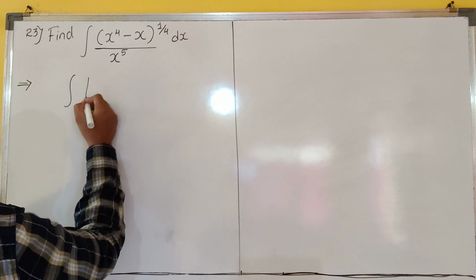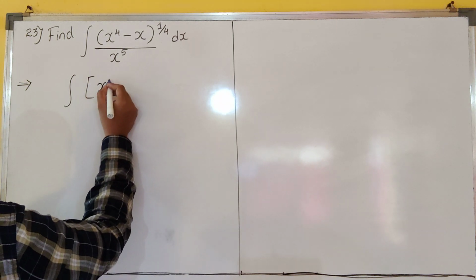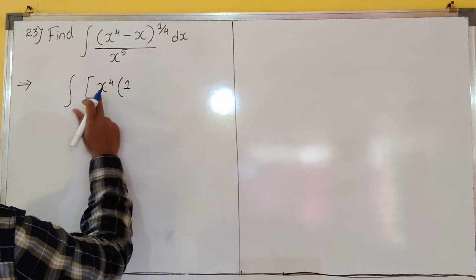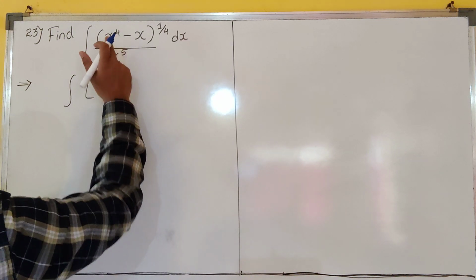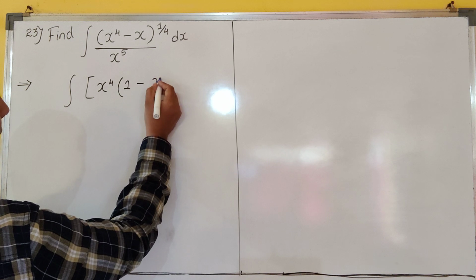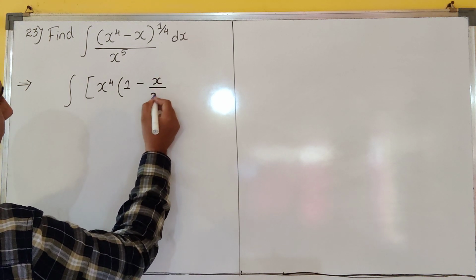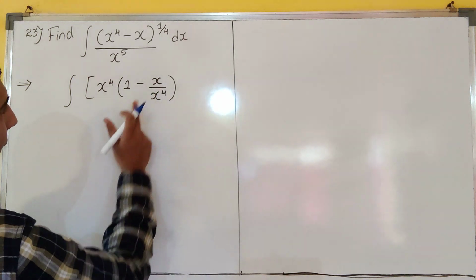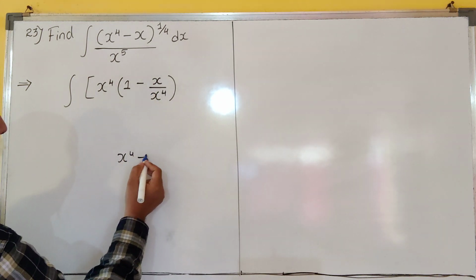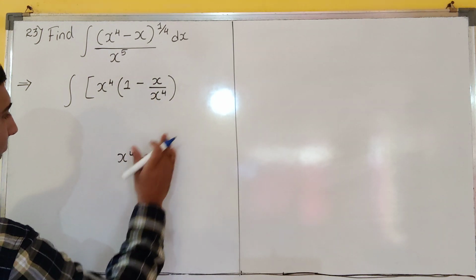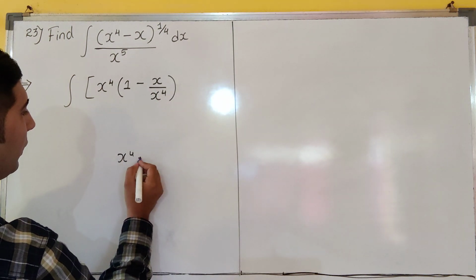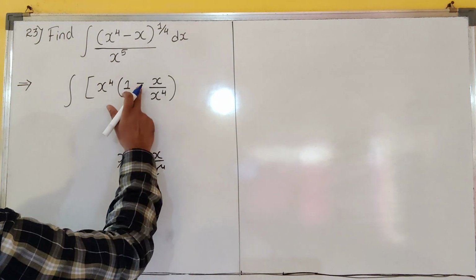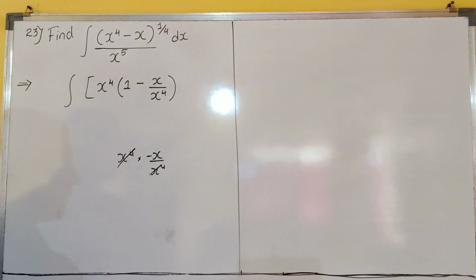I will show you, see here. x raised to 4 I will take common. So what are you left with inside? x raised to 4 into 1 is x raised to 4, so it will divide this also. x raised to 4 into minus x raised to 4 gets cancelled and you remain with minus x only, dear students.